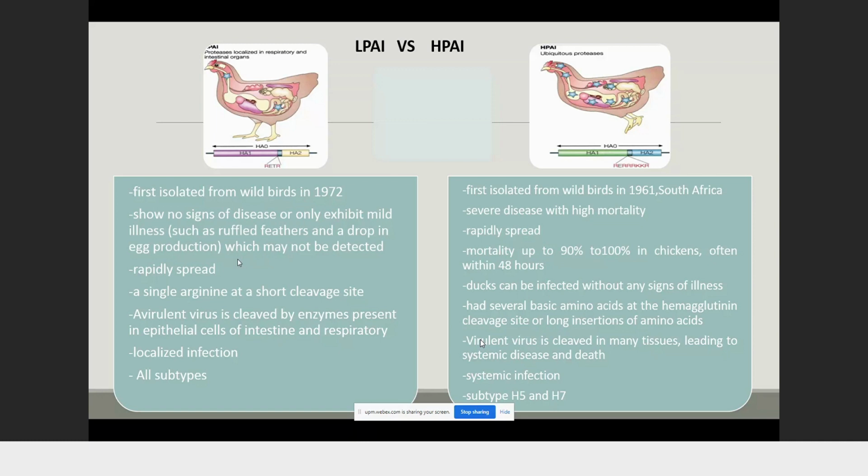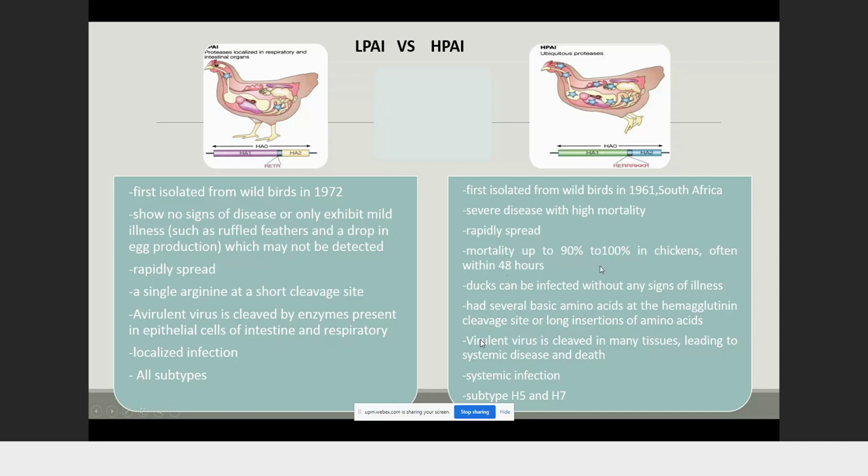However, highly pathogenic avian influenza manifests as severe disease with high mortality. If a commercial chicken flock is affected, the mortality will most of the time be 100%.